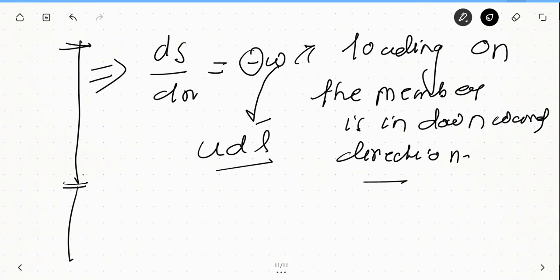Now the second equation which we derived: the slope of the bending moment diagram, dM over dx, is the shear force at a particular section.